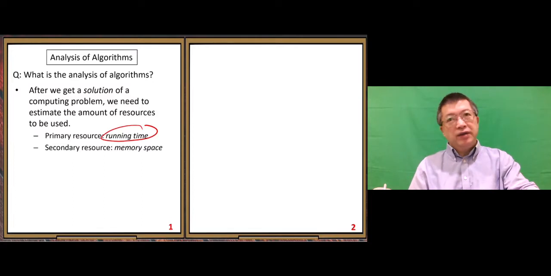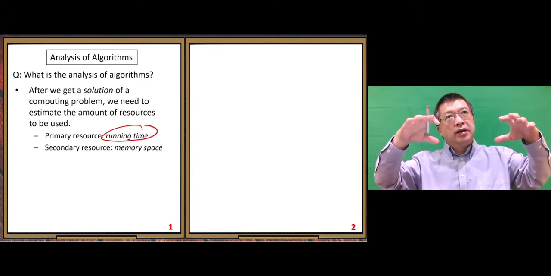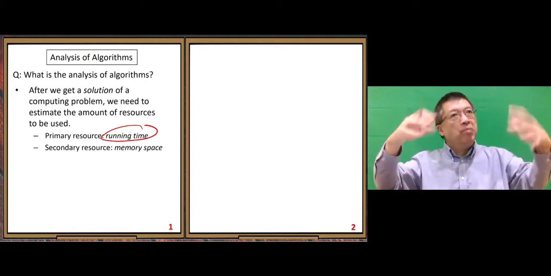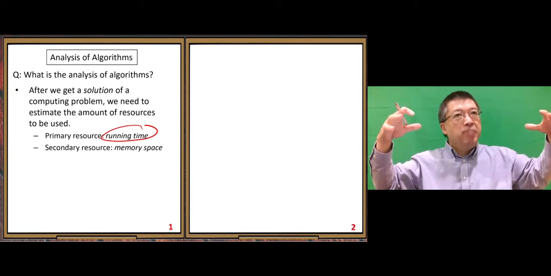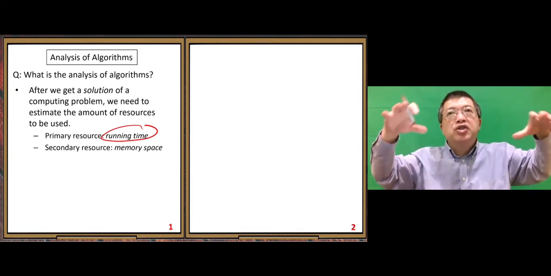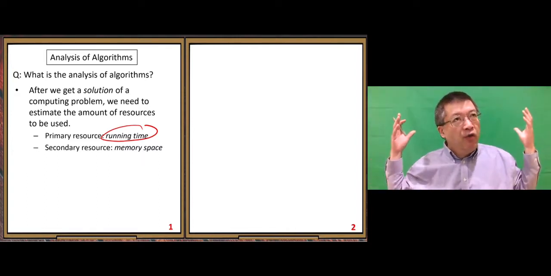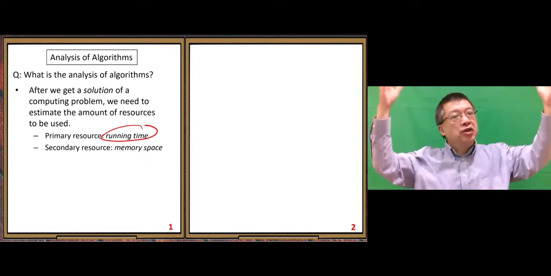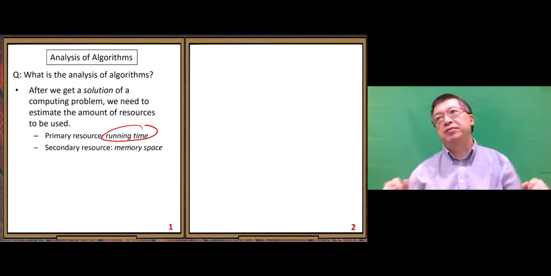The reason it is secondary, not as important as the execution time, is that usually, in modern computers, memory becomes cheaper and cheaper, so people can afford larger memory capacity.